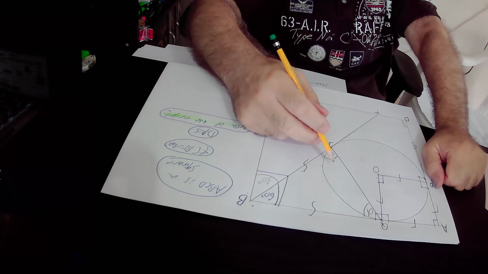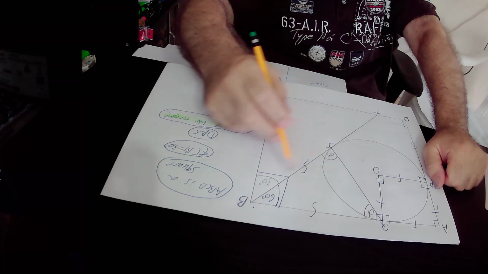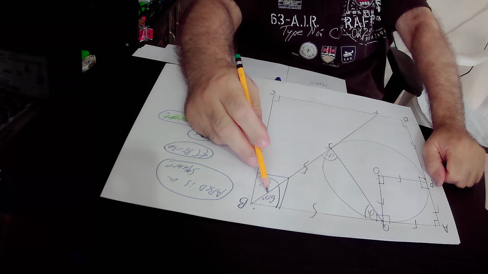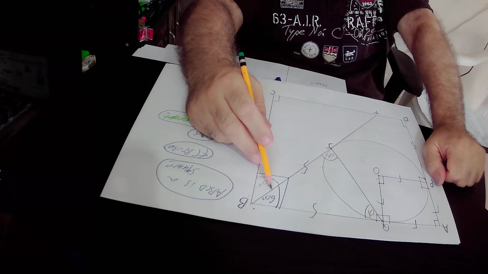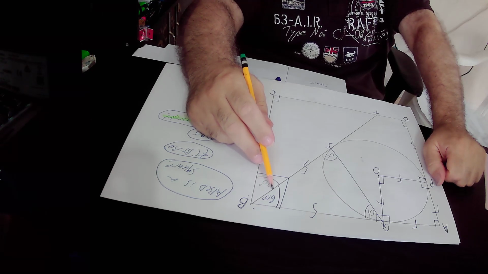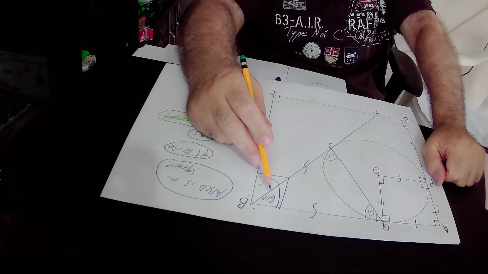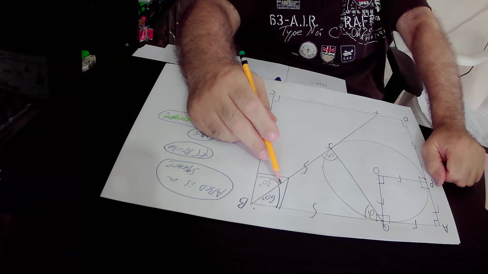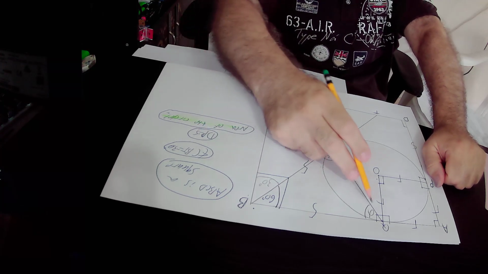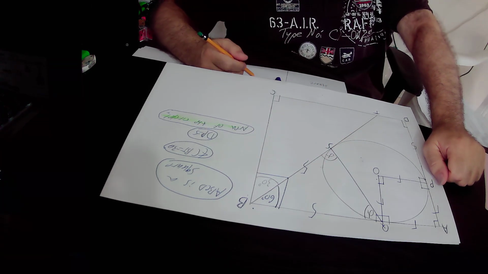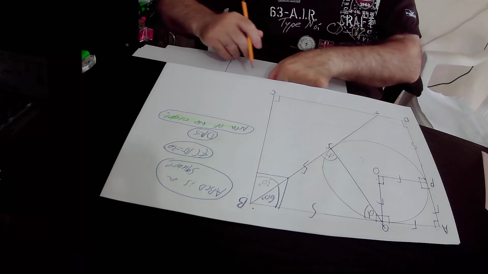And if we focus on triangle QBS, this angle equals 60 degrees. So the sum of the other two angles must be equal to 180 degrees minus 60 degrees, that is 120 degrees. That is to say, alpha plus alpha must be equal to 120 degrees. I write it down.